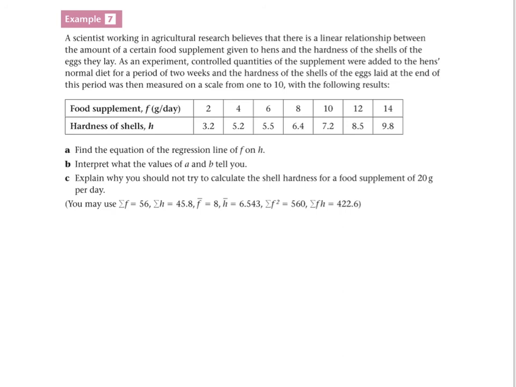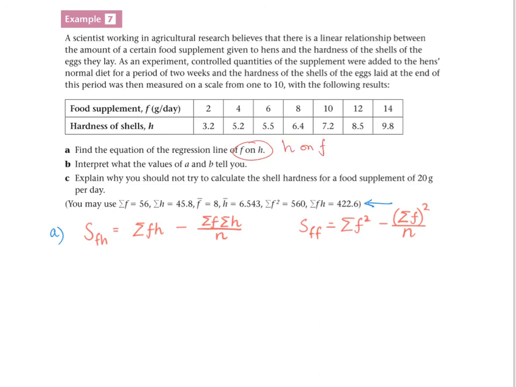Now we've been given this information, and it says you may use, so that means that they've done all the legwork there, as it were, all the number crunching, and we can use that for our regression line. So what we have here are their covariance again, and I think this should actually say H on F from the calculations that I'm going to do.